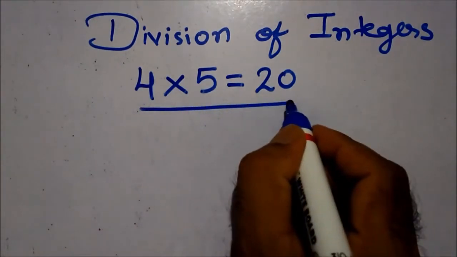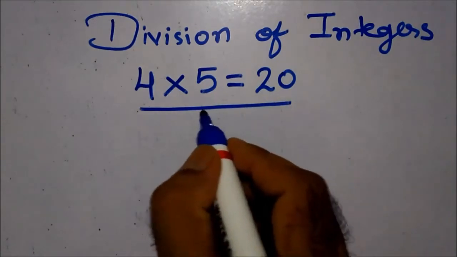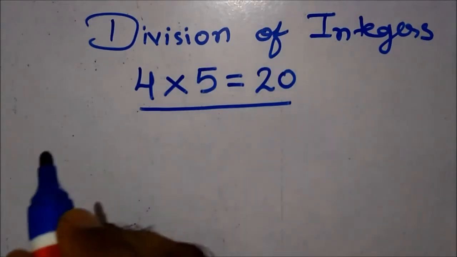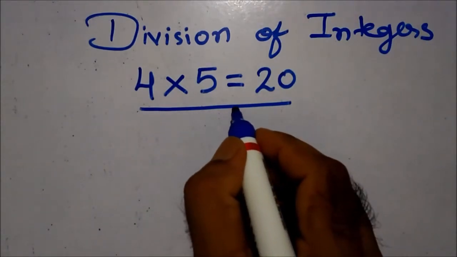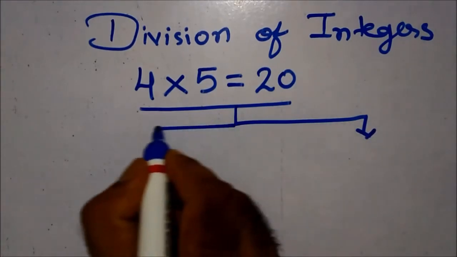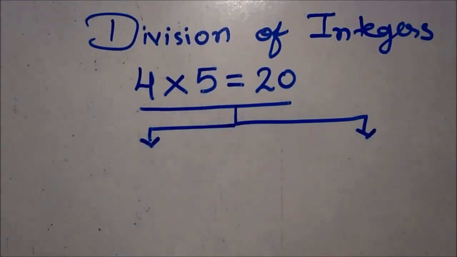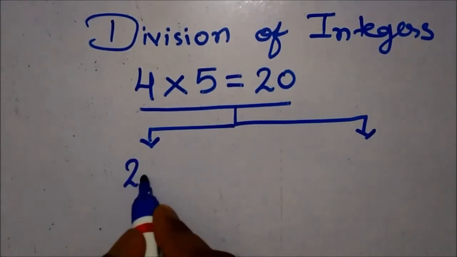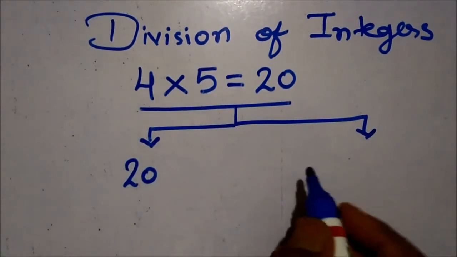Suppose I would like to express this statement in terms of division. Then how can we express it? Here the answer is 20, so let's take 20 here and here.